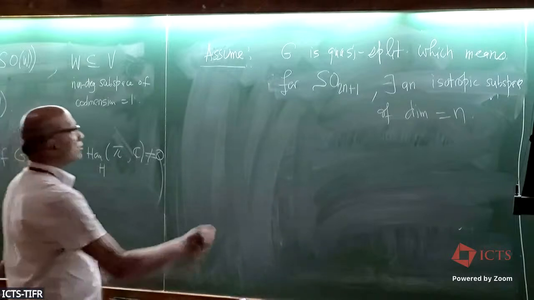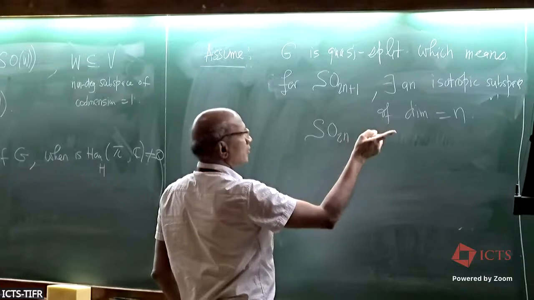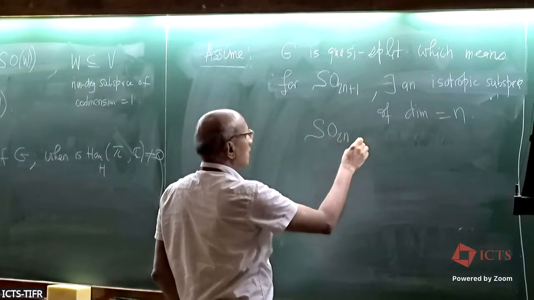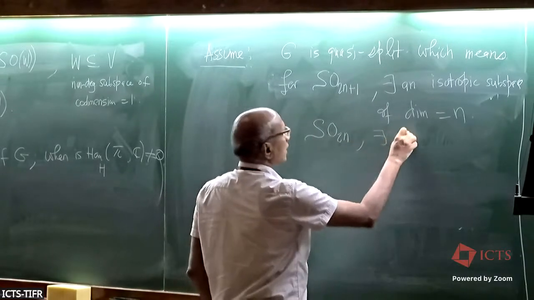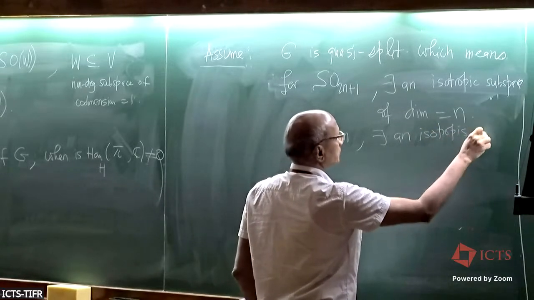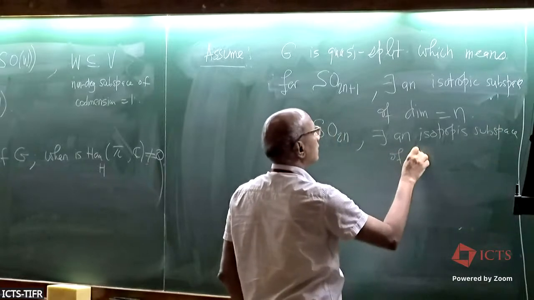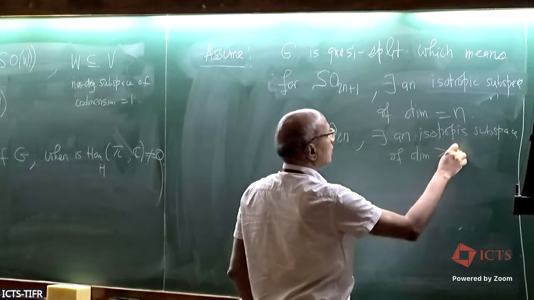And for SO(2n), one can go up to n, which would be split. There exists an isotropic subspace of dimension greater than or equal to n minus 1.